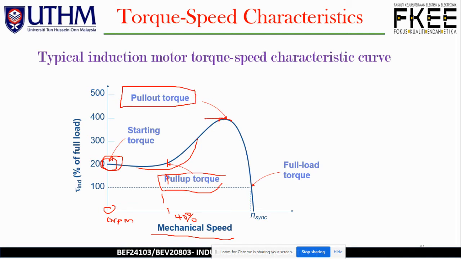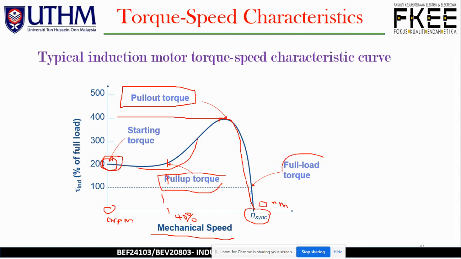It's almost 4 times the induced torque at full load. Before that it decreases, it goes down to zero torque. Here is zero newton meter at synchronous speed.